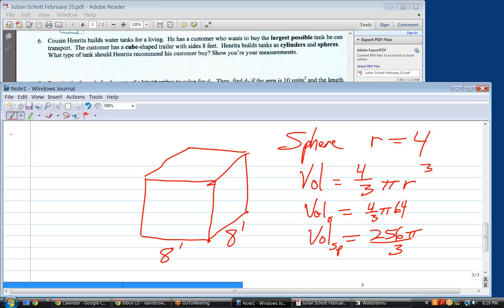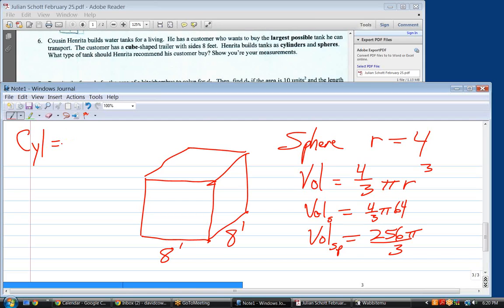Now let's look at the volume of a cylinder. What is the volume of a cylinder? General formula. Remember, a cylinder is a prism, so you should remember this. For all prisms, the volume is the area of the base times its height. So let's write that.